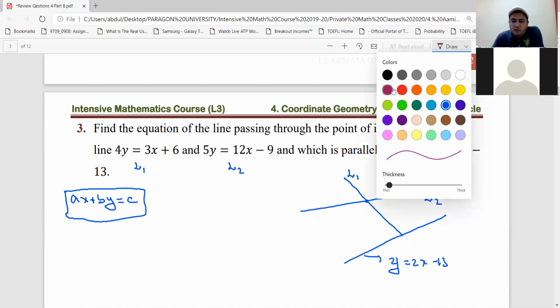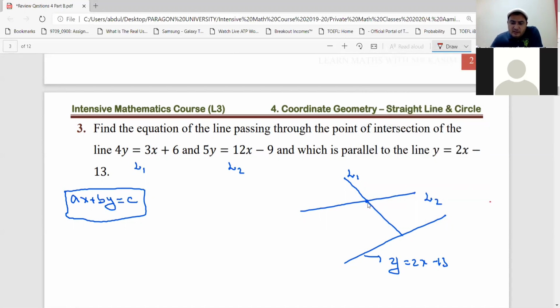So we are looking for this line that is passing through the intersection point and is parallel to this line. It is something like this, right? These 2 lines are parallel. The question is, what is the equation of this line? Okay, that is how we understand the problem.